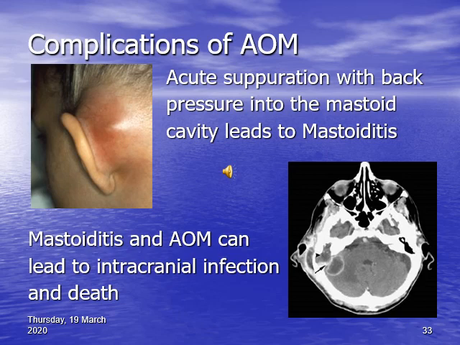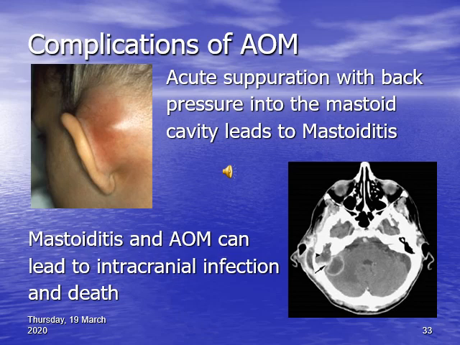As we said, acute otitis media is the infection and inflammation of the middle ear cleft. Sometimes the infection extends beyond the middle ear cavity and beyond this middle ear cleft. When it does, complications will arise, and these are serious complications because the structures surrounding the middle ear are vital structures.